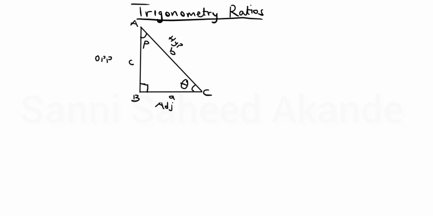Now, from this triangle that you are seeing on the screen, triangle ABC, we want to find what is sine theta. Before I go ahead and find sine theta with you, I want you to remember this short formula that we call SOH CAH TOA.